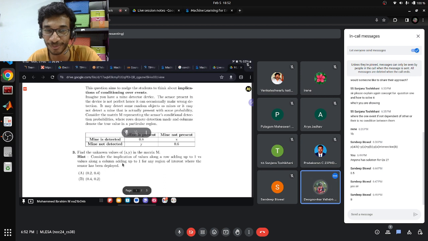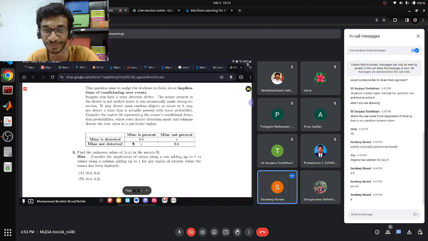The column could have been any long thing, and you are saying that the columns have to add up to 1 for any random region. What that essentially means is that there is a 100% probability that that region should have a mine, for any random region, whether you have detected it or not detected it, no matter what, the addition is going to 1.